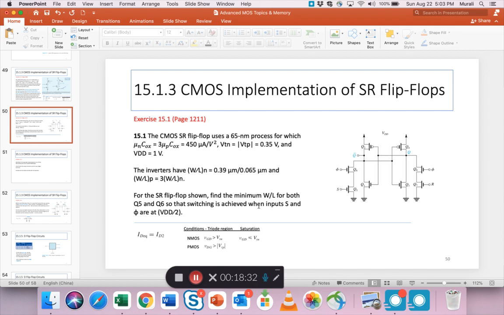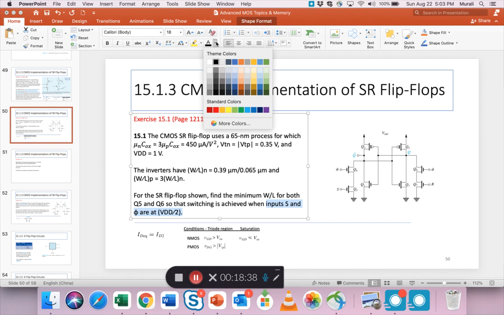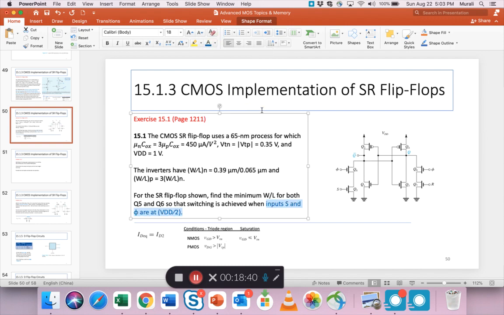So here he says this portion, right, is what we need to also worry about. Previous example, it was said that switching has to be achieved when the phi and S are just at VDD.